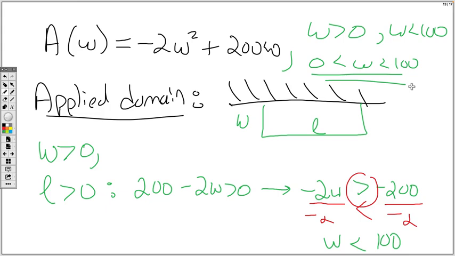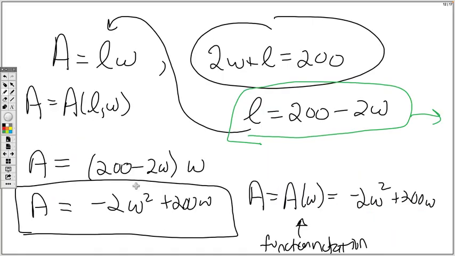Now, technically speaking, is this a closed bounded interval? No, I don't have the endpoints. Could I include the endpoints? If I actually let W equal 0, or if I let W equal 100, well, let's go back to here. If I let W equal 0, the area would be what? 0, which we know we wouldn't care about.